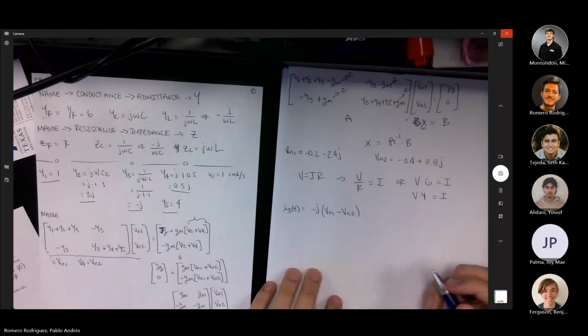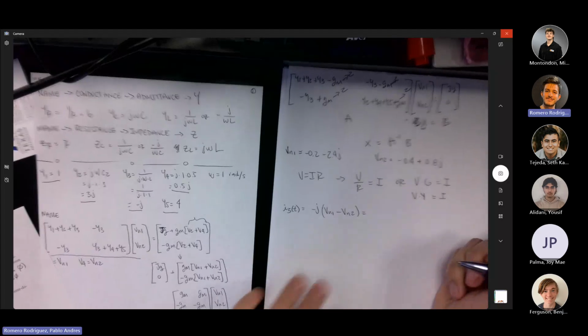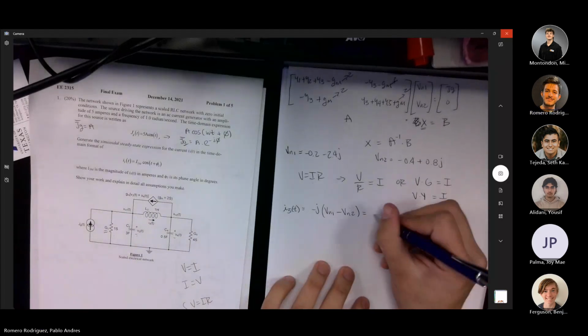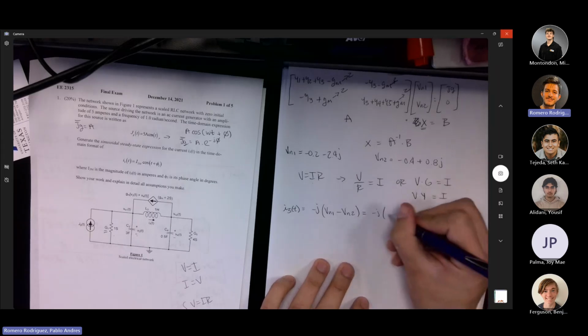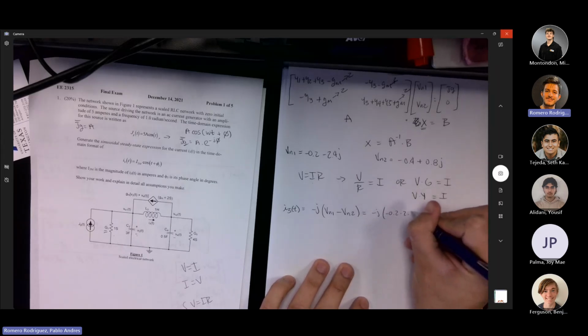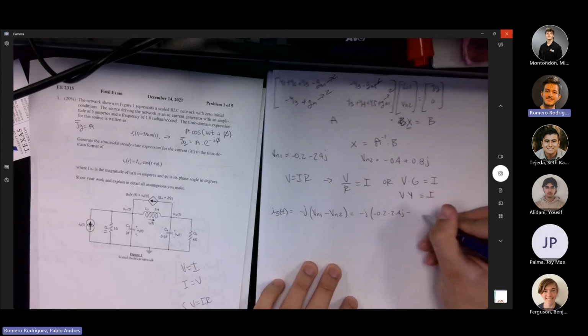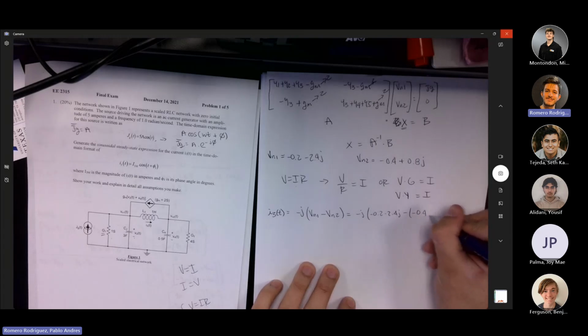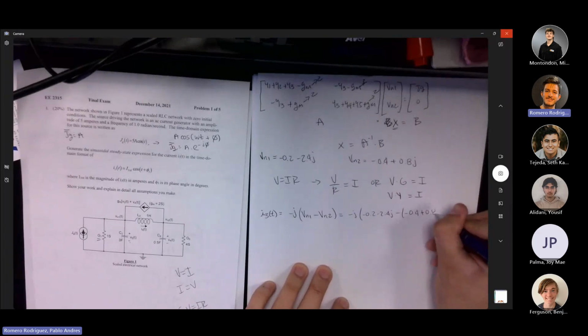And that should be equal to negative J times negative 0.2 minus 2.4 J, minus negative 0.4 plus 0.8 J.